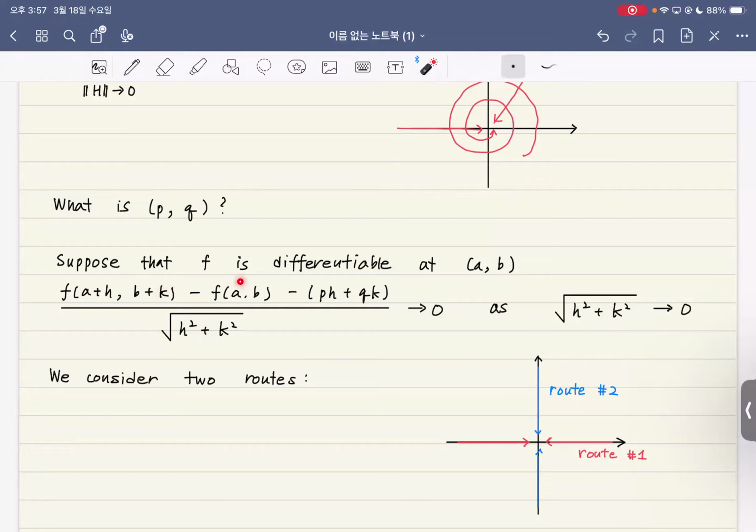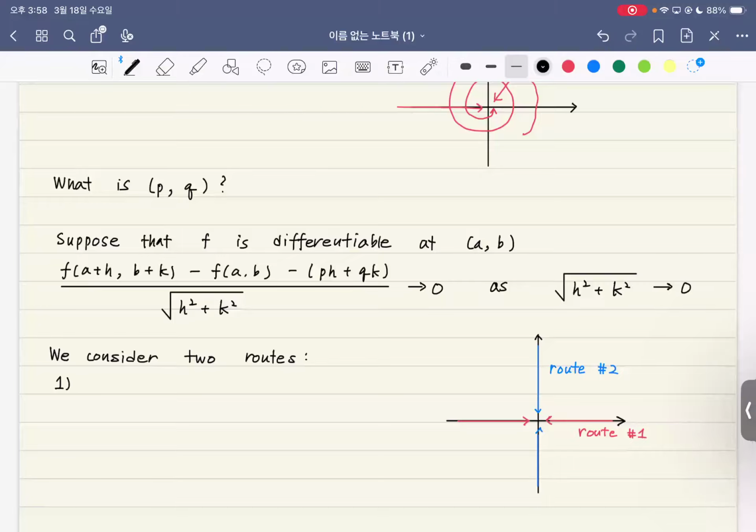Then, following the first route, the limit should be 0, and following the second route, the limit must also be 0.